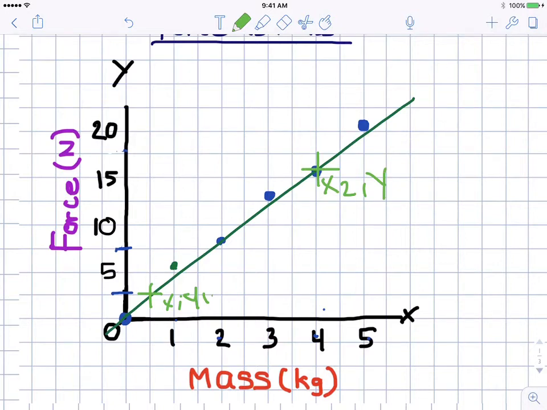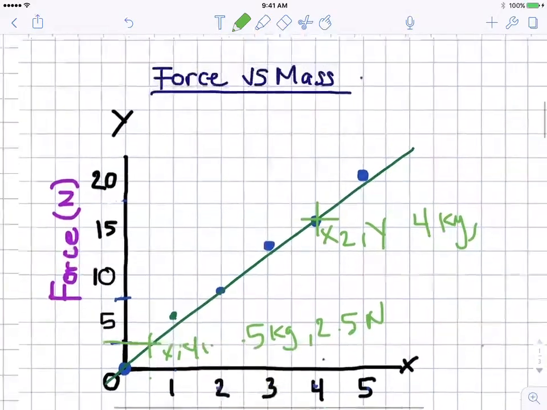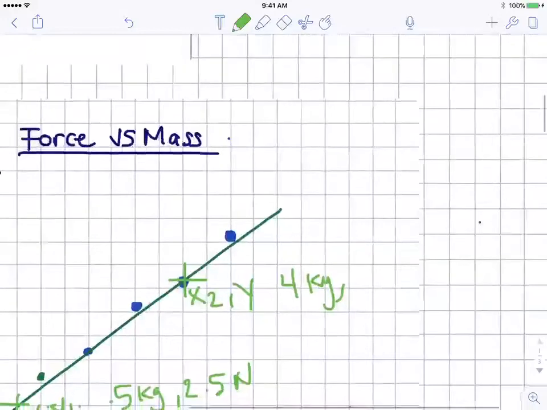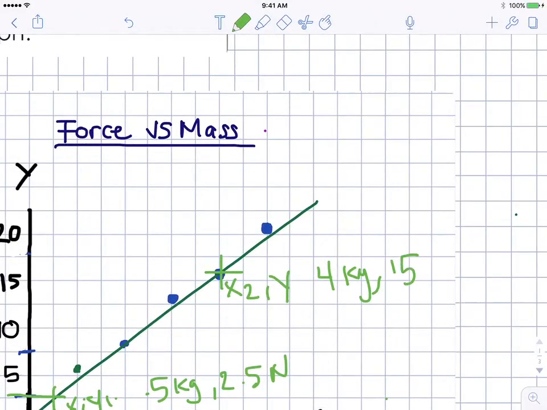So what are those values? We have here 0.5 kilograms. And we have here 2.5 newtons. And then this is actually a data point right here, and that is 4. And I think it's 15.6, right? Yep, or 15.9. So we'll use these two data points.